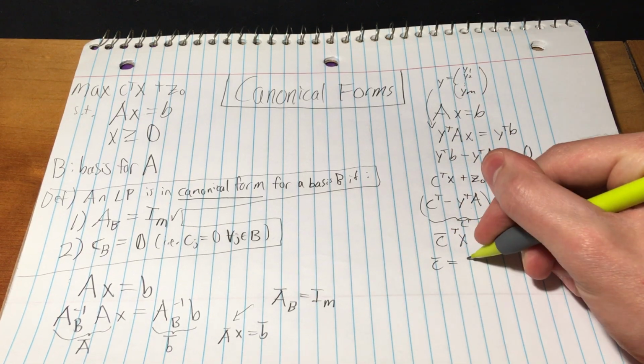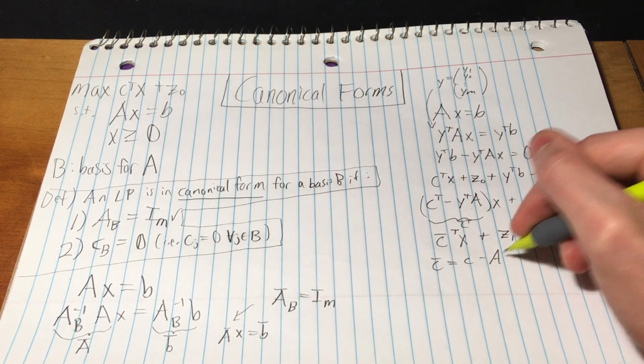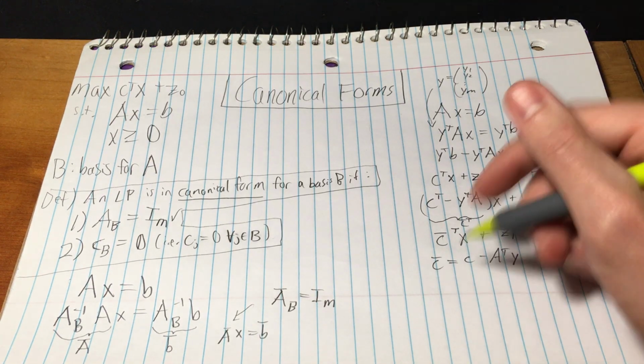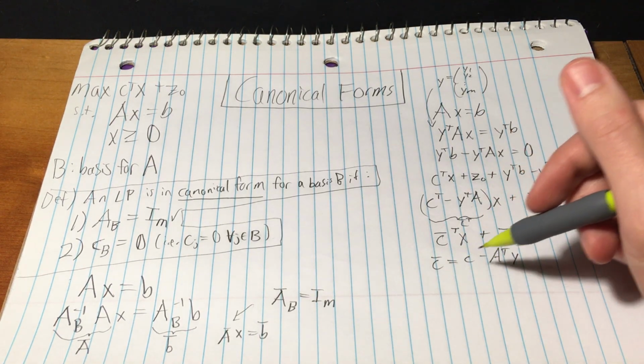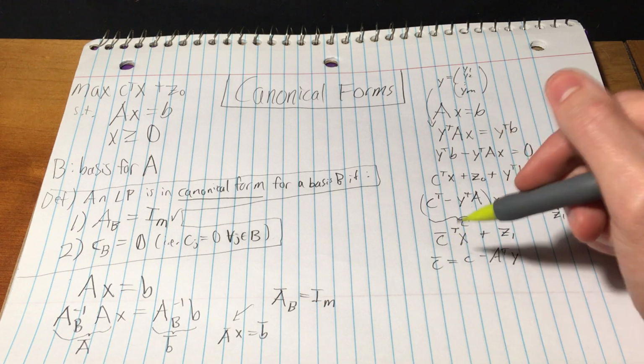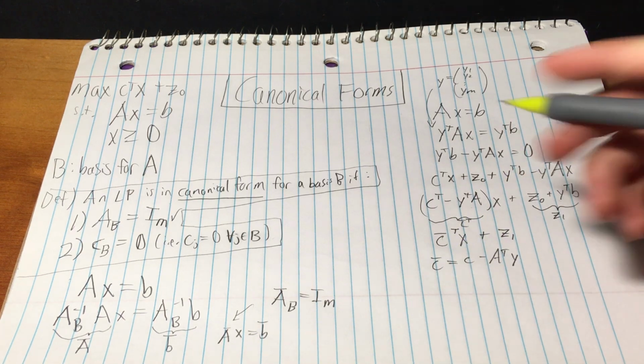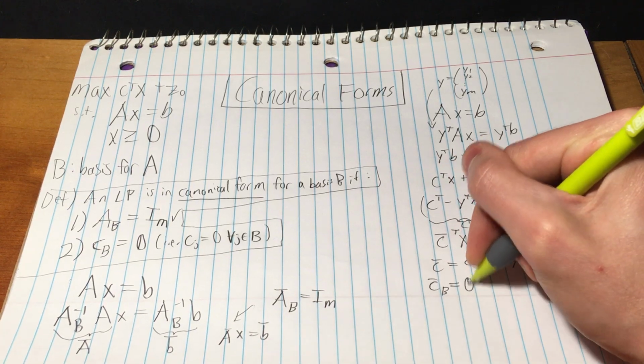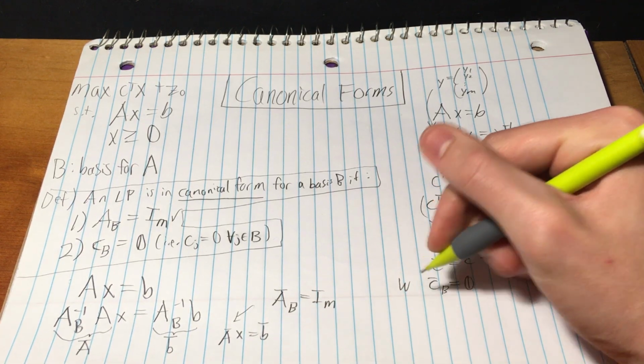So C bar equals C minus A transpose Y. I wrote this out just to point out that C bar depends on Y. And so what we want is C bar sub B to equal the 0 vector. So this is what we want.